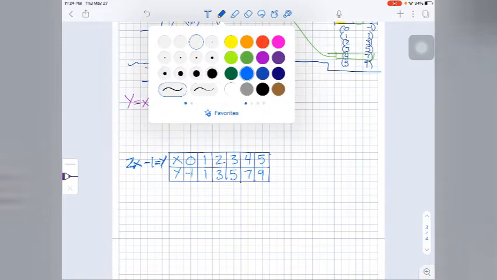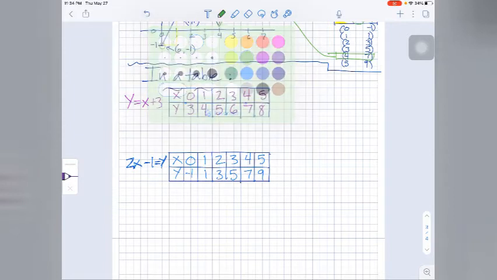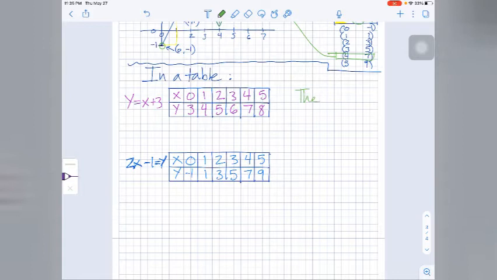And when I draw a table like this, the solution will be the common set of number pairs in the table.